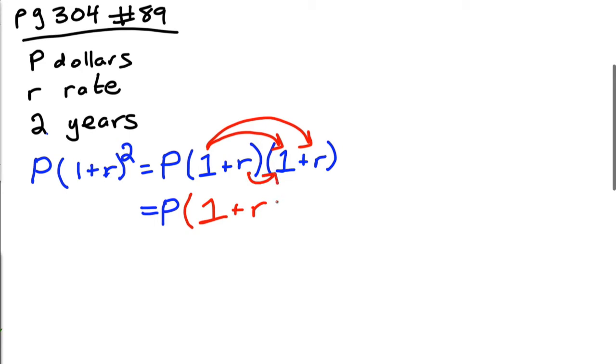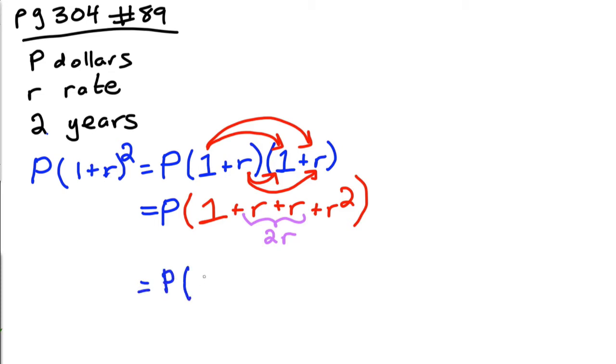R times 1 is R again, and then R times R is R squared. Okay, now notice here that we have this R plus R. Those are like terms, so we add those up, and that's equal to 2R. So then what I have is P times 1 plus 2R plus R squared.